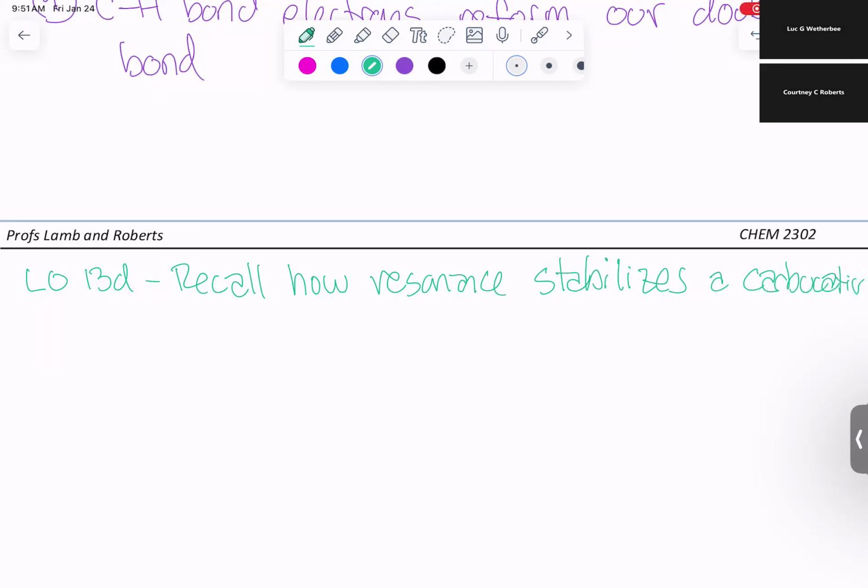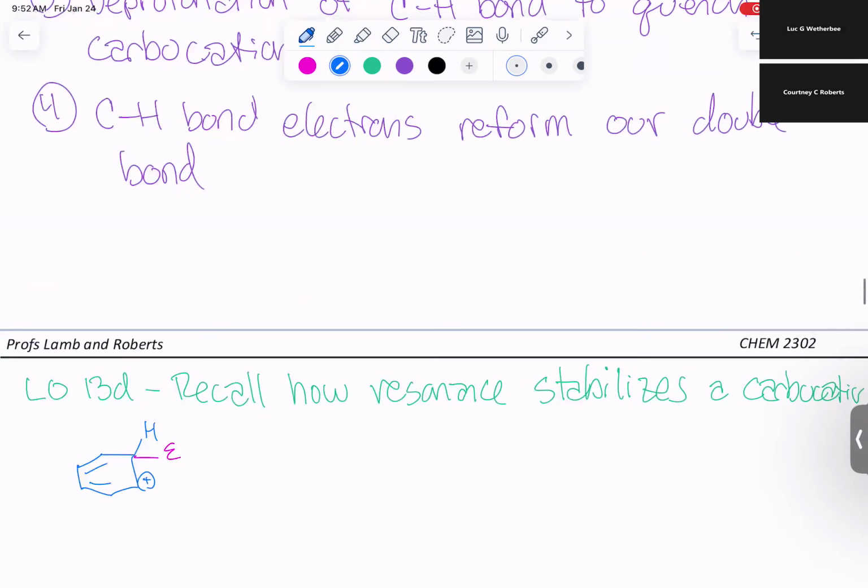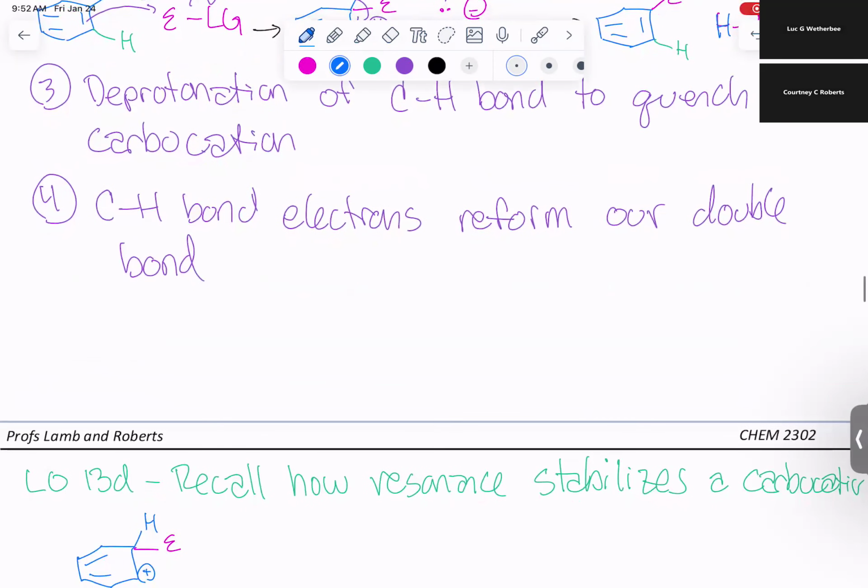All right, so on our mechanism, we had this intermediate that had a double bond here. It had our H here, our electrophile. We know that carbocations are not stable, happy. Oh, question. Oh, yes. Good?